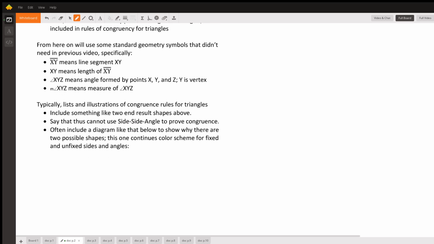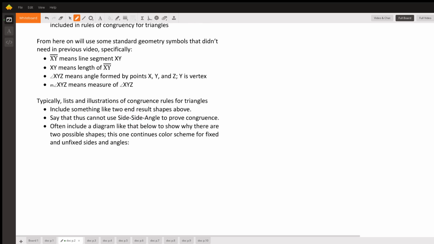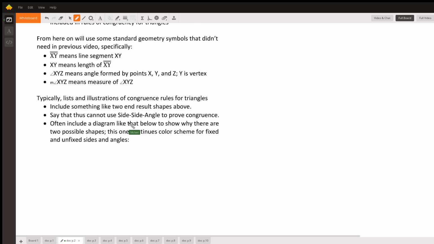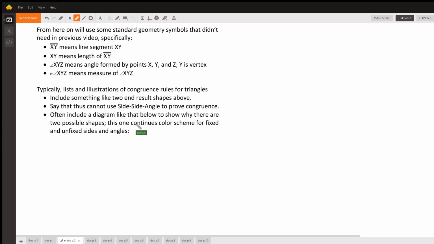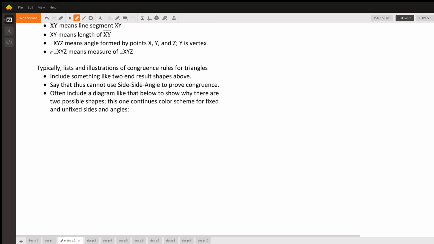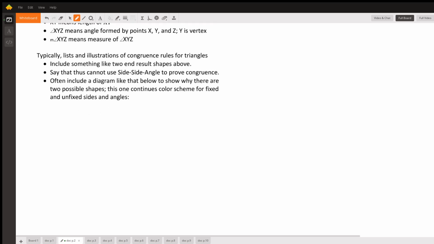So typically, listed illustrations of congruence rules for triangles include something like those two end results above, and say that thus you cannot use side-side-angle to prove congruence. And they often include a diagram like that one below to show why there are two possible shapes.